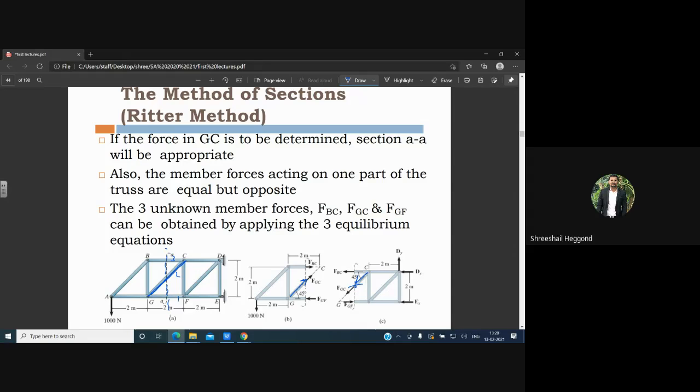Similar to this, how many forces will be there in this case, and how many members need to be calculated for particular quantities.